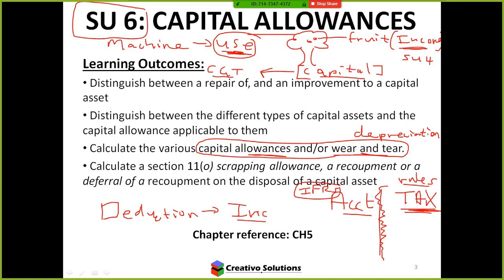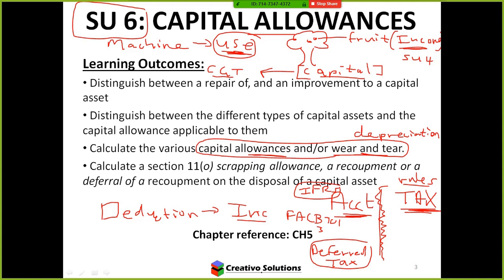The only time accountants provide for tax is if they look at something called deferred tax. But this is a little bit beyond the scope. Deferred tax will only be looked at in a further accounting module. So if you've done FAC the 300 series, the 3701 or 3702, whatever the numbers are, then you would have done more advanced tax, and this concept of deferred tax would have come up, because that deferred tax provision basically comes from the timing or the differences between the two sets of rules.